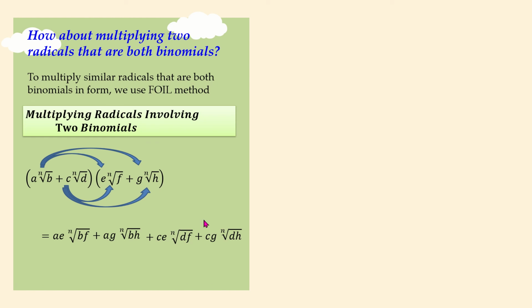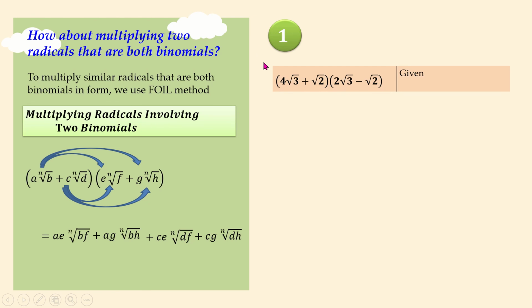So we will follow that process when we multiply a binomial by a binomial. Again, we're still in radicals. So example number 1. The first binomial is 4 square root of 3 plus square root of 2 times the second binomial 2 square root of 3 minus square root of 2.